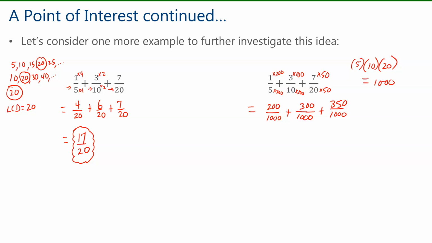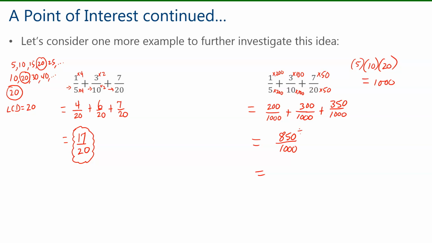And by now you should be saying, oh my goodness, these numbers are so much bigger than what we just dealt with. And yes, that's the reason why we encourage you to go for the LCD. But we can continue on. Let's not stop here. So, common denominator, 1,000. Add up my numerators, 200 plus 300 plus 350. That gives us 850. And 850 over 1,000 is certainly not reduced. It's certainly not simplest form.